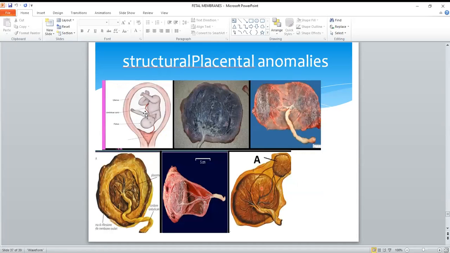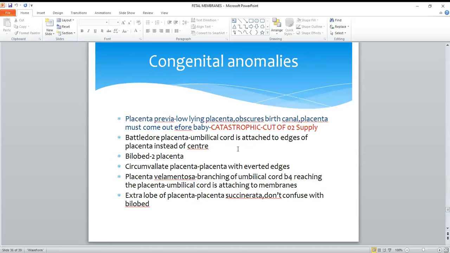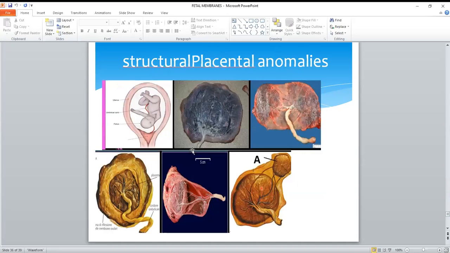Then we have this called battledore placenta. Here the umbilical cord is attached to the edge of the placenta instead of the center. This is how it's supposed to be: the umbilical cord should attach to the center of the placenta. But here it does not attach at the center, it attaches to the edges. So this is battledore.